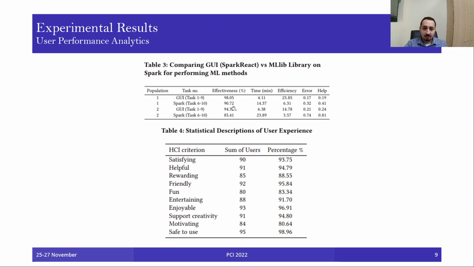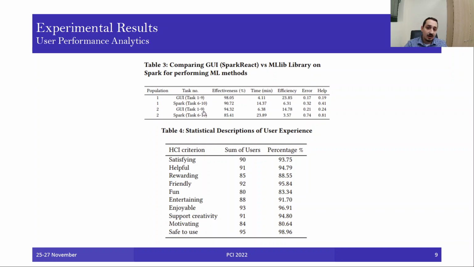The effectiveness on computer experts was 90%. And what is surprising is that it took 14 minutes, while with just a few mouse clicks it took 4 minutes for SparkReact. And next we have the second population, which is the ordinary users.